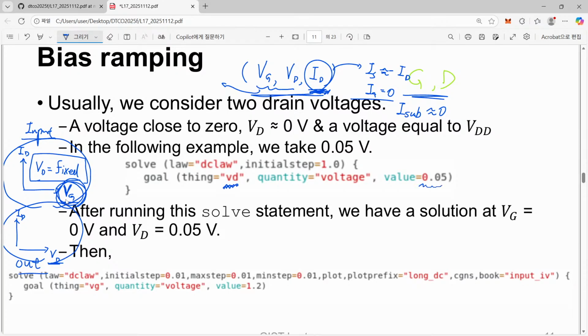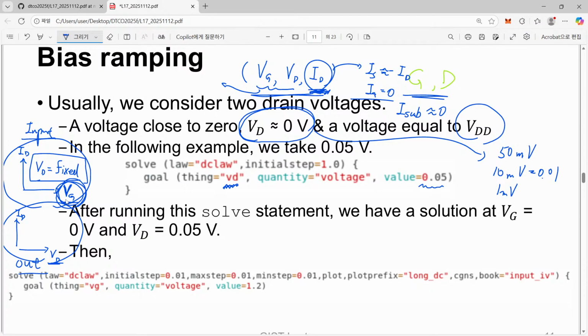Up to a small number or higher value. For example, in this case, usually what we do is drain voltage equal to or close to zero, or VDD. These two quantities are used. What is small? Sometimes people use 50 millivolt, or 10 millivolt corresponding to 0.01, even 1 millivolt. It's up to you.